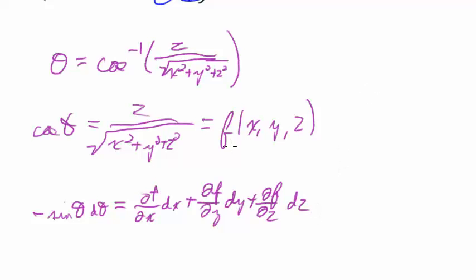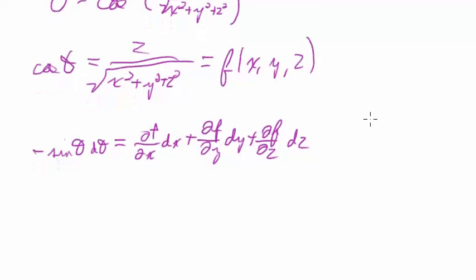This is not what I wanted, I don't think. Although maybe it is, because sine theta is going to just be, what did we say sine theta was? Well, sine theta I think is going to be the square root of x squared plus y squared over the square root of x squared plus y squared plus z squared.